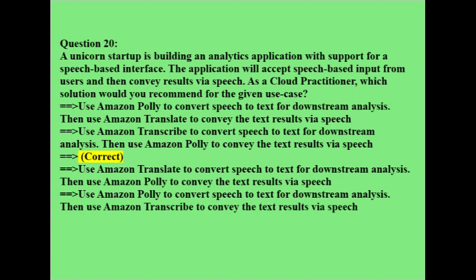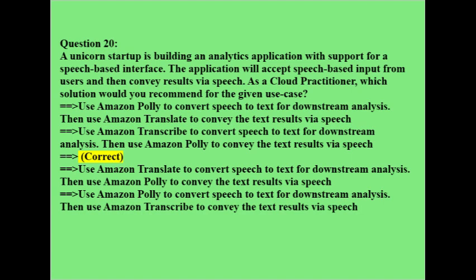Then use Amazon Translate to convey the text results via speech. Option: use Amazon Transcribe to convert speech to text for downstream analysis. Then use Amazon Polly to convey the text results via speech. Option: use Amazon Translate to convert speech to text for downstream analysis. Then use Amazon Polly to convey the text results via speech.